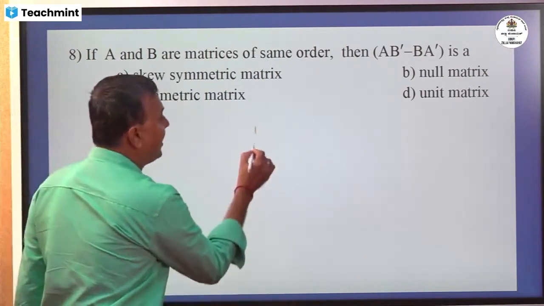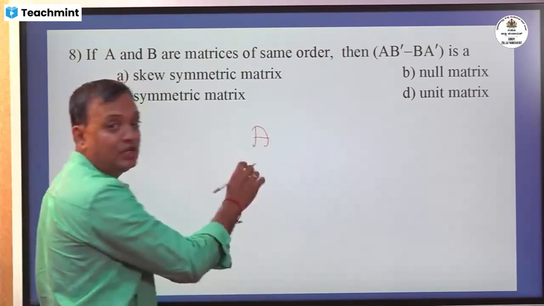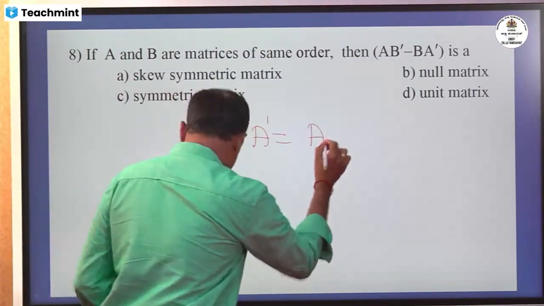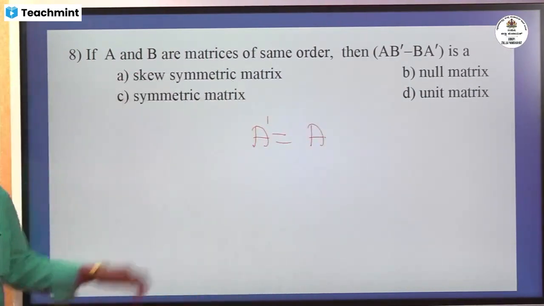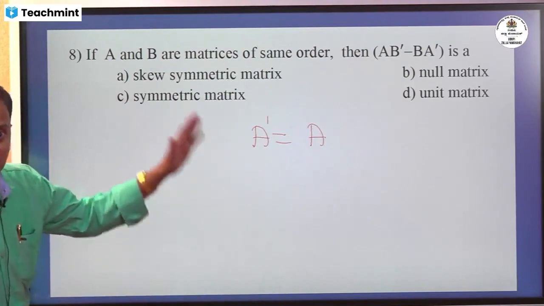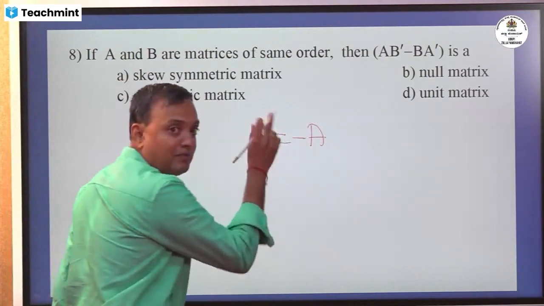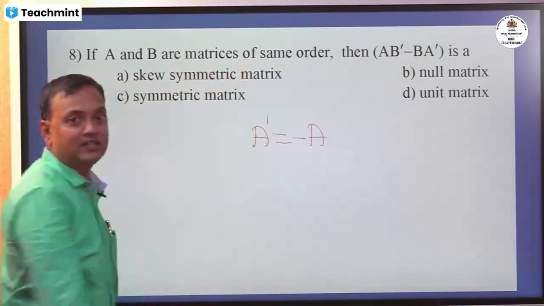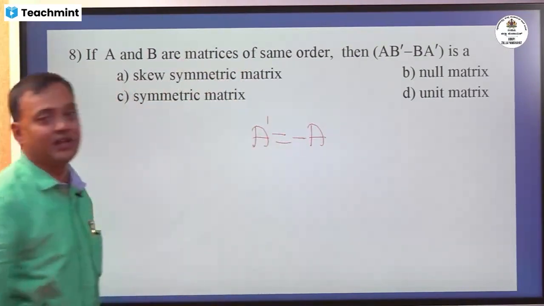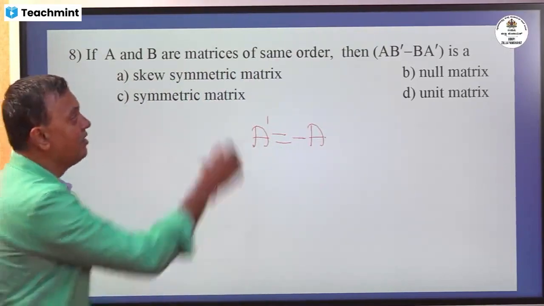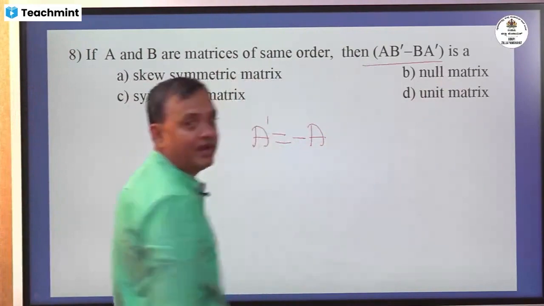A square matrix A is said to be a symmetric matrix if A dash is equal to A, correct. If A dash is equal to A transpose is equal to minus A, then that square matrix is called a skew symmetric matrix. So to check symmetric or skew symmetric, first we have to find its transpose.